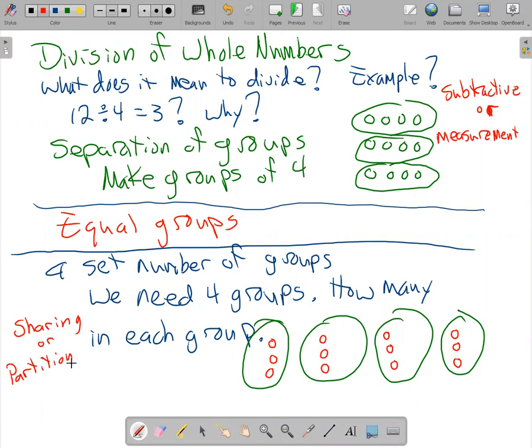Or we have 4 people we need to share something with. How many does each person get? We have 2 physically different ways to demonstrate what division means. Sharing or grouping.